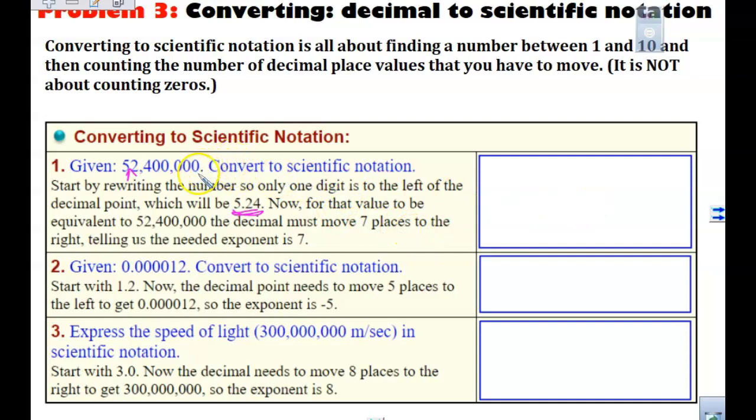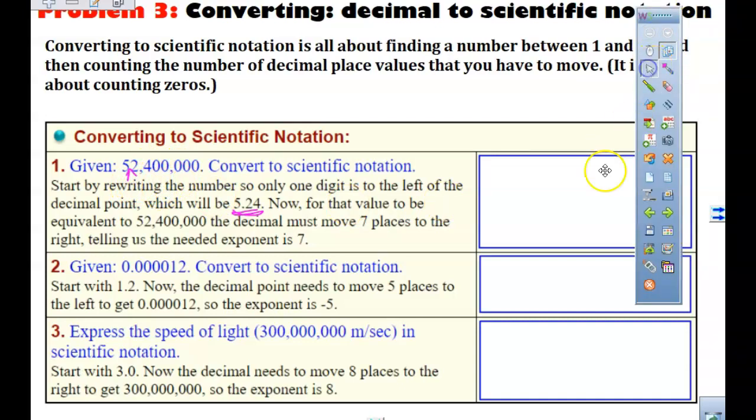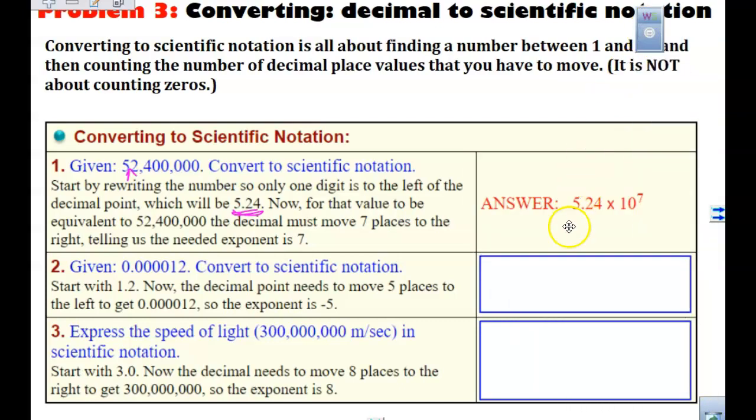And now I have to count how many places I moved it from back here. I went 3, 6, 7. So my solution should be 5.24 times 10 to the 7. Make sure, since this had no label behind it, you don't have to put a label.